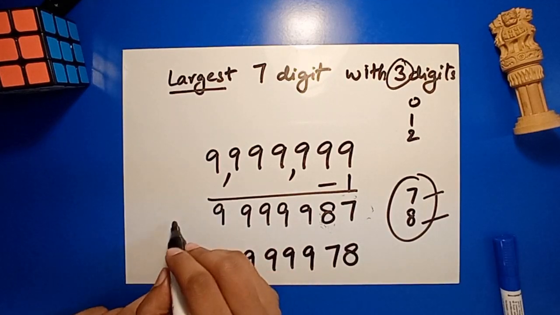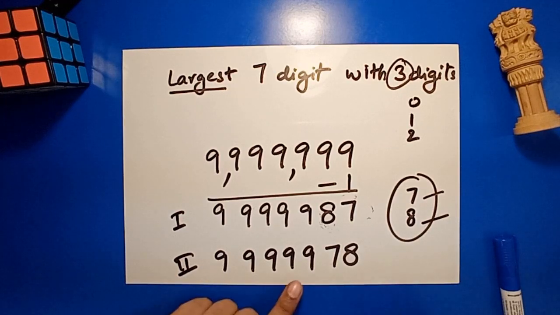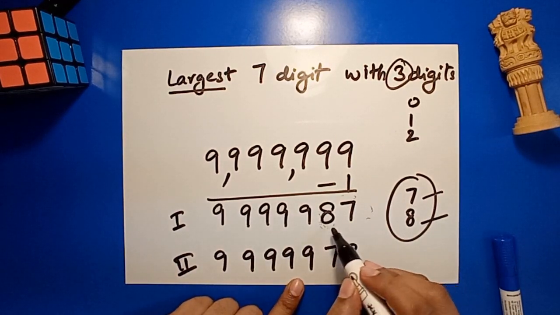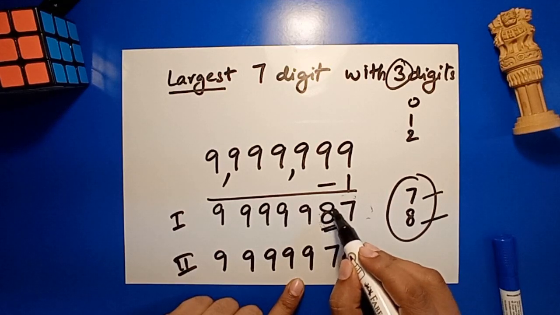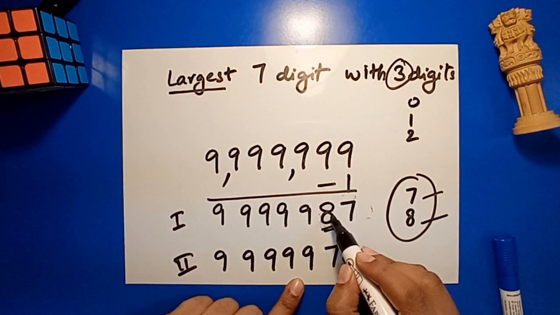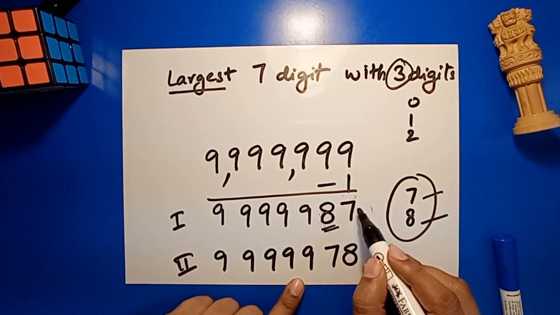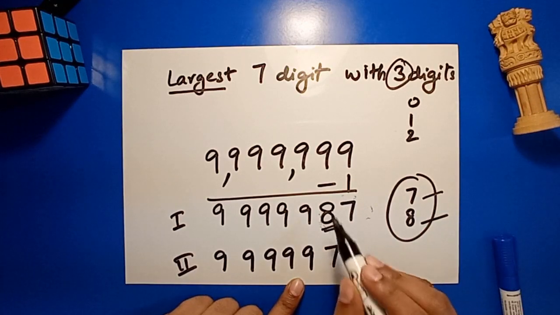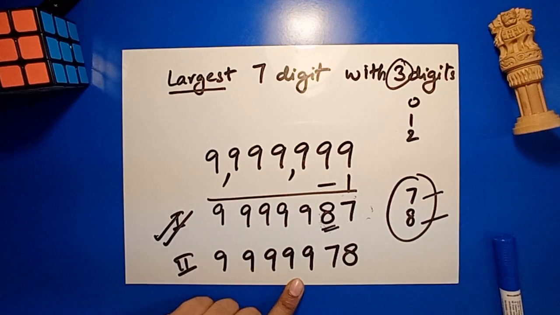Which one is bigger? 1 or 2? It's easier to figure out, right? That this is bigger, because the place value for 8 in the tens place is more than the place value of 7 in the tens place. So this is 87. This is 78. So 87 comes after 78. So this is the answer.